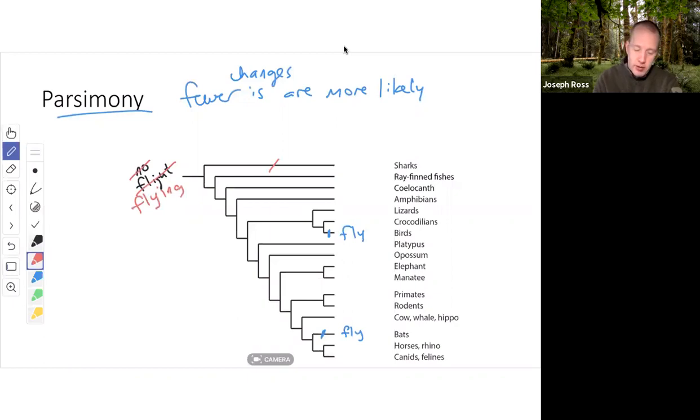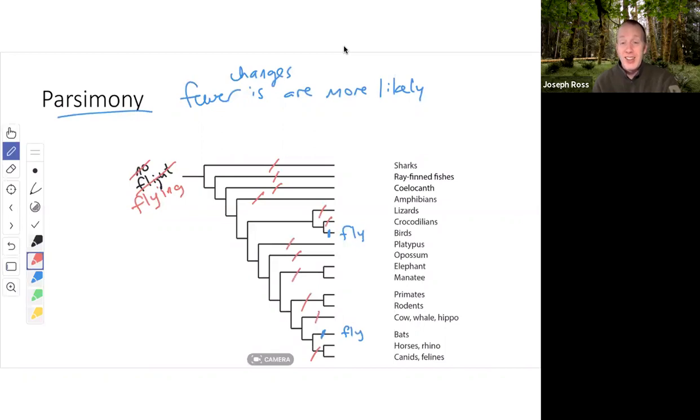Likewise, ray-finned fishes would have had to have lost flying independently, and coelacanths, and amphibians. And then on this branch leading to birds, lizards would have had to have lost flight, crocodiles would have had to have lost flight, platypi, opossums, elephants and manatees, primates and rodents, cows, whales, and hippos, that lineage, not each of them independently. And then the lineage leading to horses, cats, dogs, rhinoceroses, and so forth.